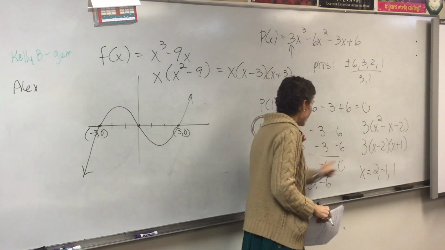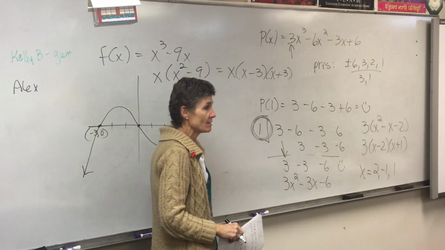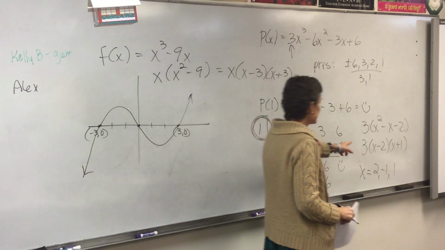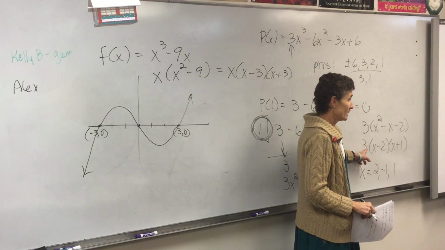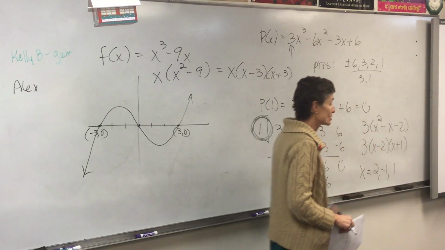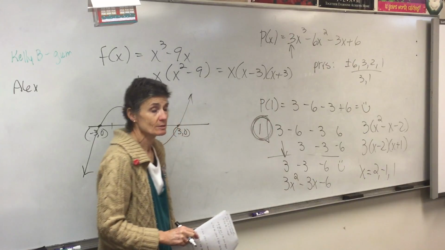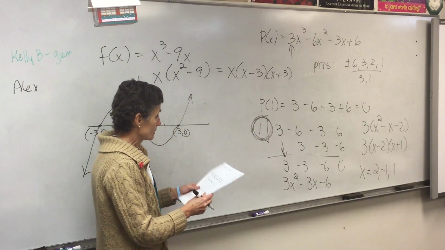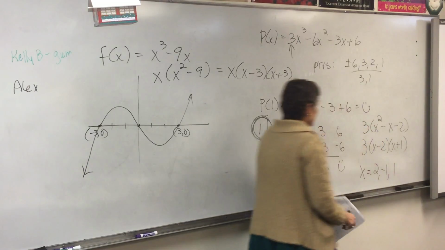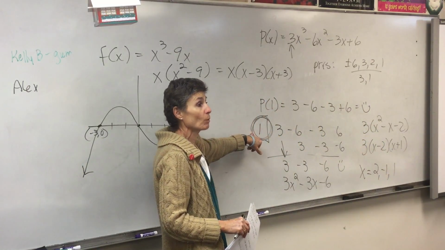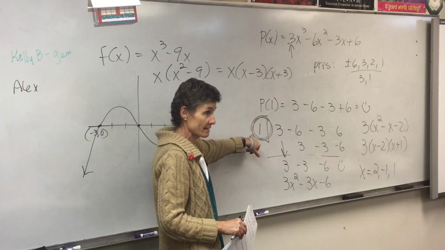It divided out and left a 0. The 3 doesn't count because it doesn't have an X. It's just an extra number in there, so it doesn't count. So the answers are the 2 and the -1 that came from the factors, and the number 1 that you guessed.